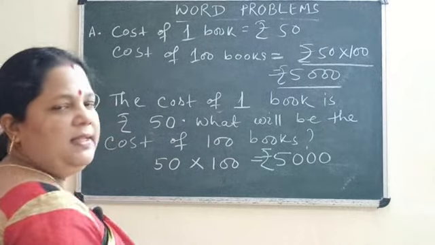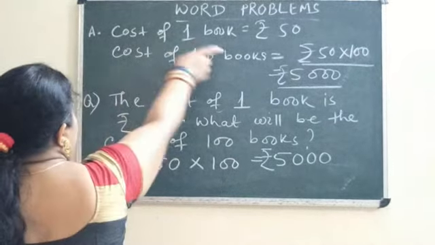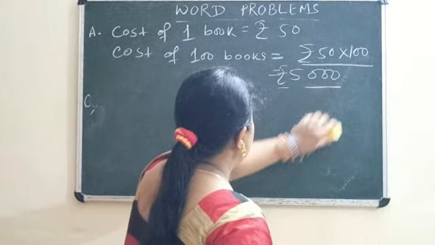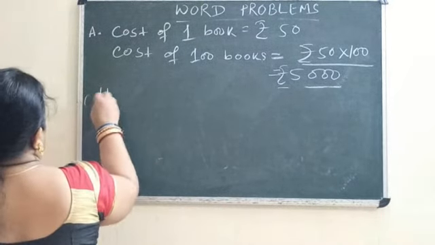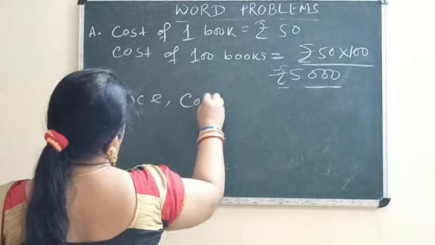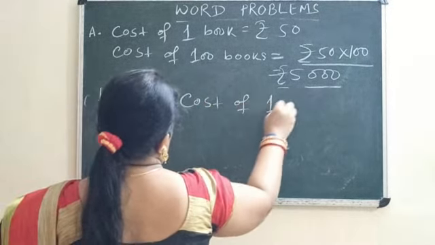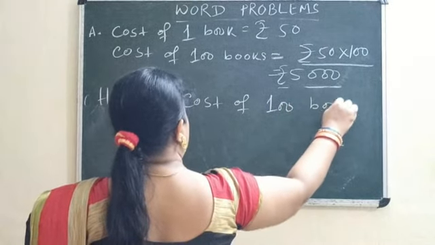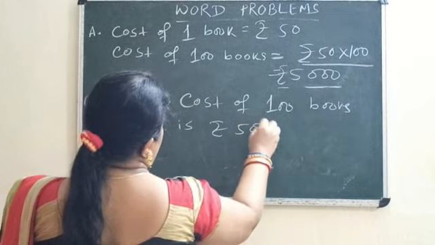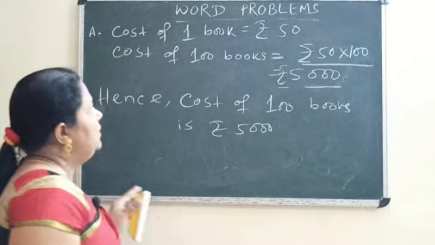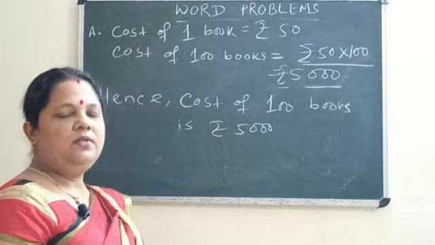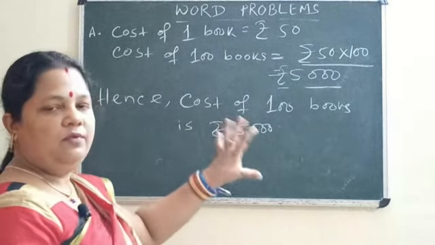We followed this process as multiplication. And this part is your statement. Then write the conclusion part. Hence or therefore, whatever you can write, cost of 100 books is rupees 5,000. Clear? Like this, we have to follow this process to get the answer of word problems.